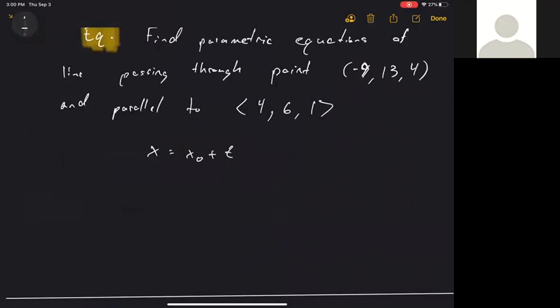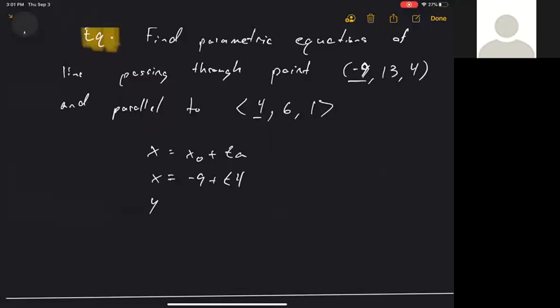Okay, so what's my x0? Well, that'd be -9. And what's my t? Well, t is just a parameter, so I'm going to leave it like it is. And what's my a? It's 4. So really what I have is x equals -9 plus t times 4.